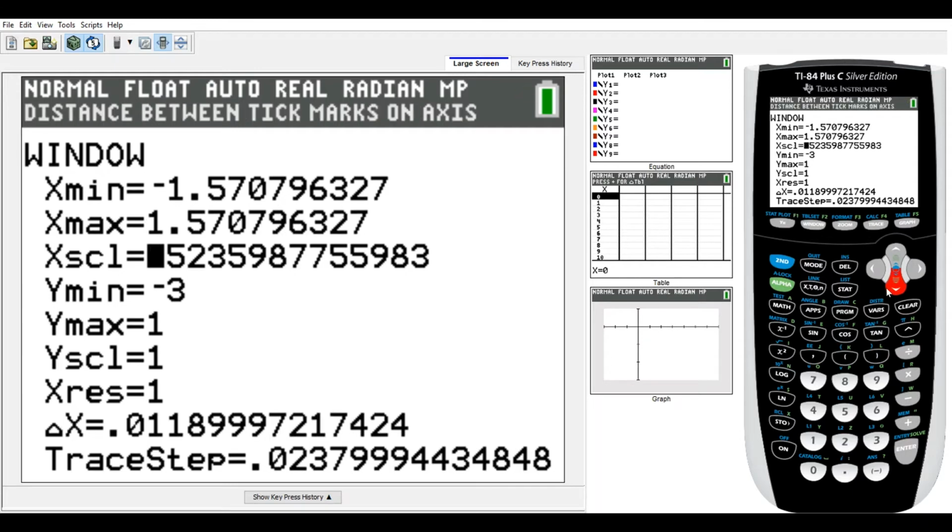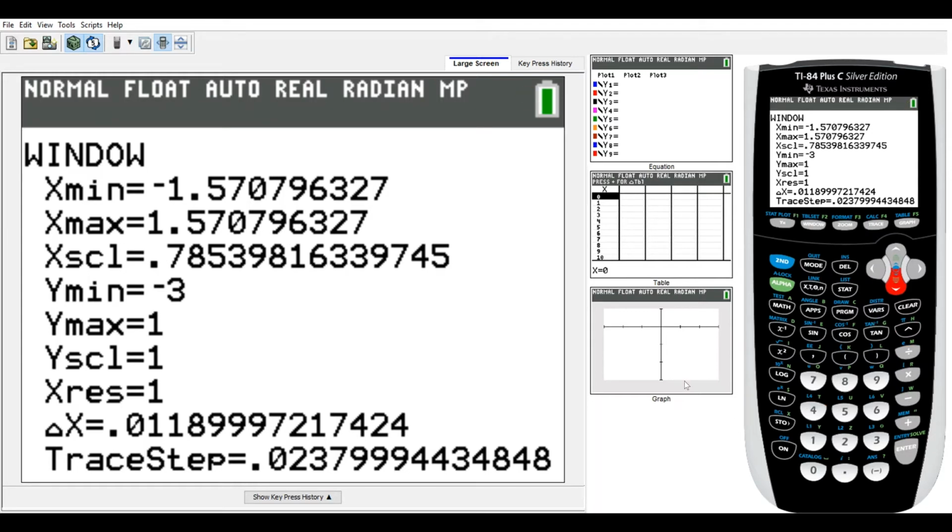And now our scaling really wasn't consistent here, right? So for the scaling, I'll just input maybe pi over 4. And then for y min and y max, I'm going to do the exact same thing. So minus pi over 2, and then pi over 2.